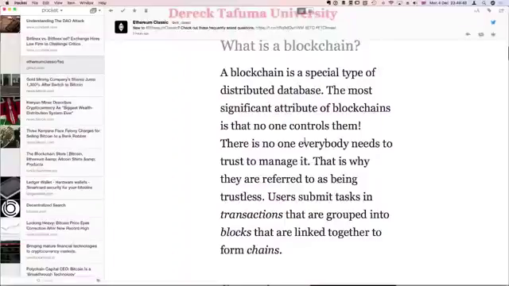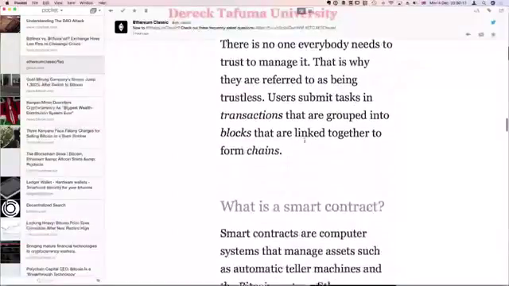For example, if it's a blockchain based on a coffee shop, the transactions that you carry out when you buy a cup of coffee are grouped into blocks, and then they are linked together to form chains, hence the blockchain. Okay, so that's what the blockchain is.